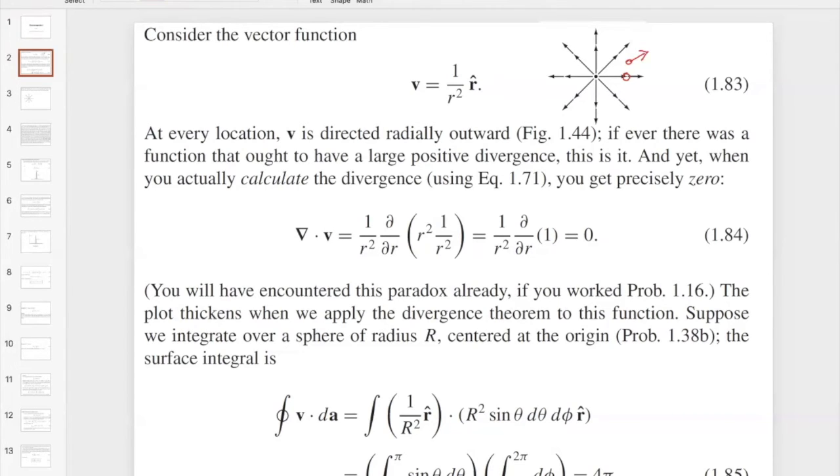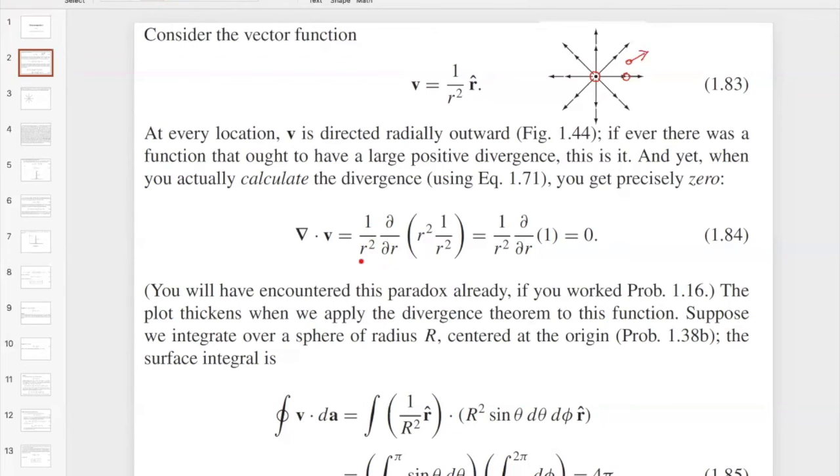However, we didn't mention that if you pick the point at the center or origin, then the thing is different. The divergence of this vector is 0 at any place except the origin location, because with 1 over r squared, r cannot be 0.